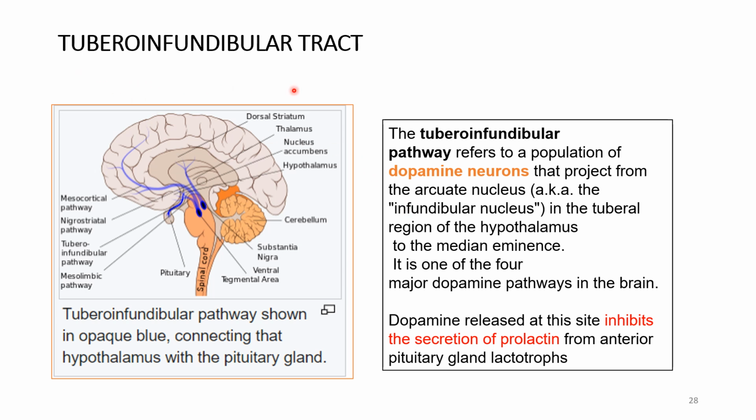Coming to the tubero-infundibular tract. This tubero-infundibular pathway is shown in blue color. It also connects the hypothalamus with the pituitary gland. This pathway refers to a population of dopamine neurons that projects from the arcuate nucleus, also called the infundibular nucleus, which is present in the tuberal region of the hypothalamus, to the median eminence.